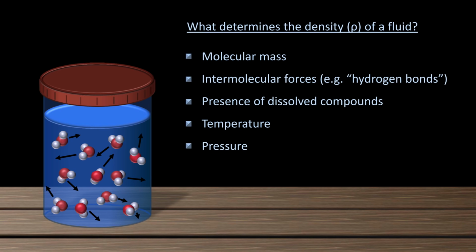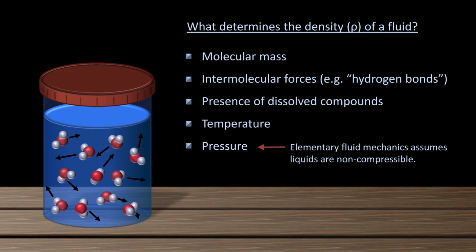For gases, higher pressure leads to higher densities, which might seem obvious when you think about it. Very importantly, however, elementary fluid mechanics assumes that liquids are non-compressible. That is, pressure does not affect the density of liquids. In reality, that isn't exactly true, but the effect is so small that unless pressures are truly enormous, it can be ignored.